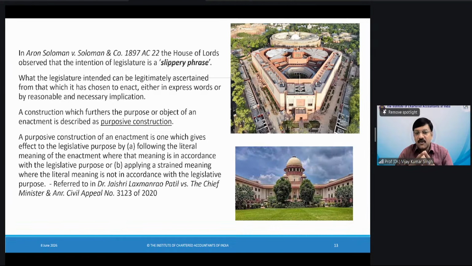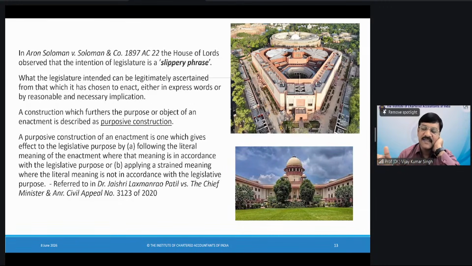So the courts have always tried to look at the law from a literal perspective first. Purposive construction is a situation where first you go ahead with the literal interpretation. This is the basic rule. Whatever is written, you read it and make sense out of it.